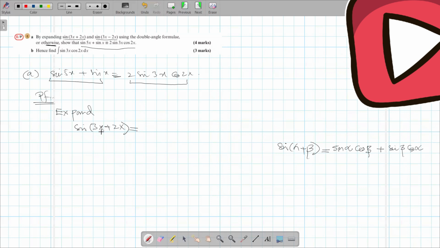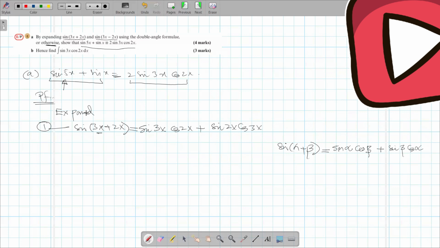But can we not just see the 3 and the 2 and add it to 5x? Yes, we will add them to 5x and we will get the left hand side. But what about the right hand side? Let's expand: sine 3x cos 2x plus sine 2x cos 3x.